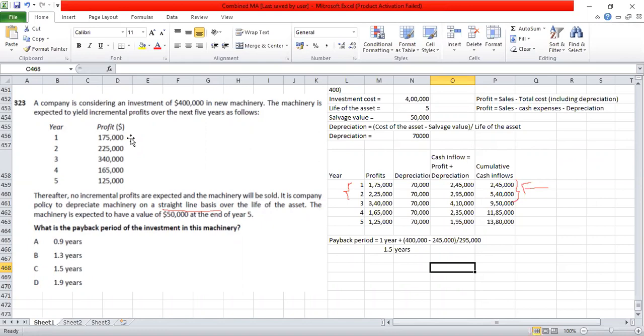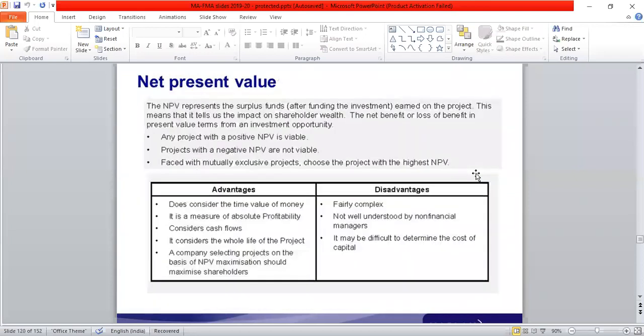But one explanation we understood was the cash flows have a discounted or a reduced value. So the next technique is net present value. We also call it NPV.